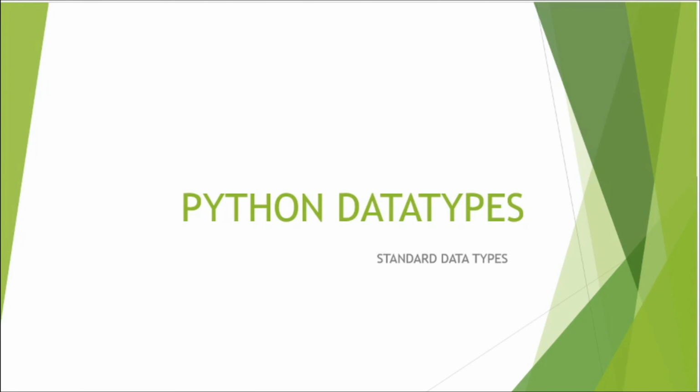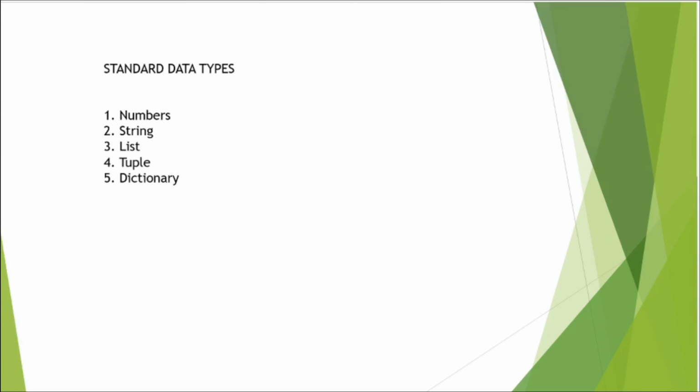So in the Python data types, in the standard data types, you will get 5 types of standard data types, that is number, string, list, tuple and dictionary. So numbers, as you know, are numeric values that can be stored in a variable.